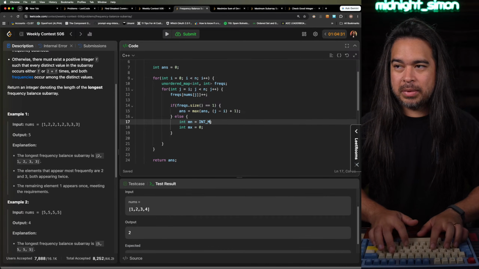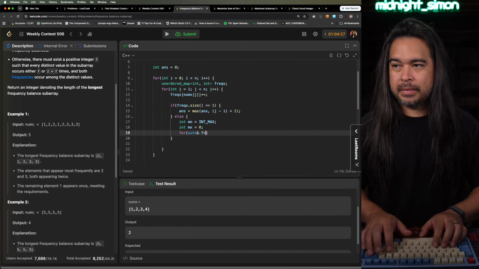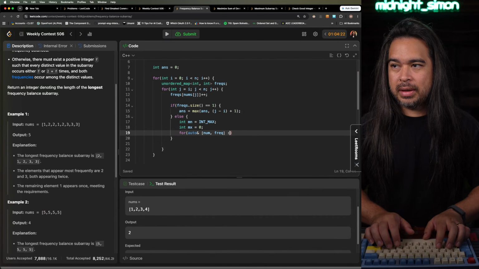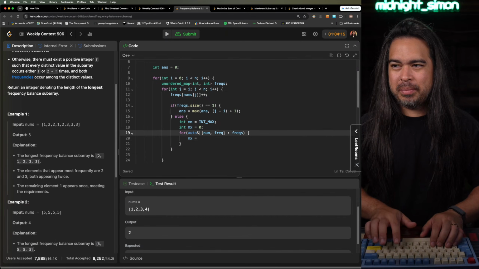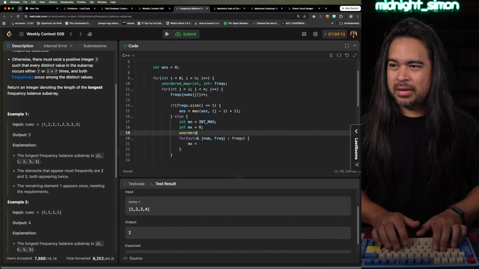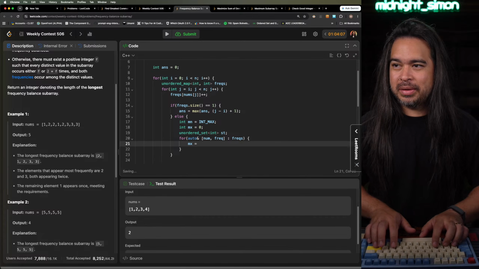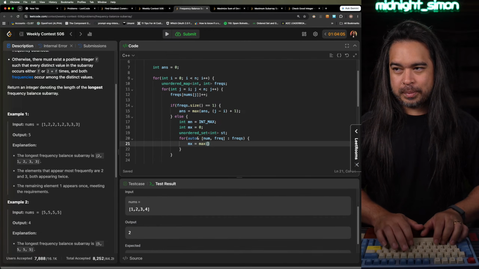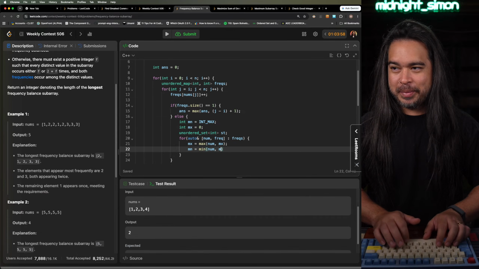I guess the min should be int max. So I'm iterating through the numbers and their frequencies, and I'm trying to remember the minimum and maximum. Man, this is a super bootleg solution. I don't like it, but it's all my brain is thinking of right now.